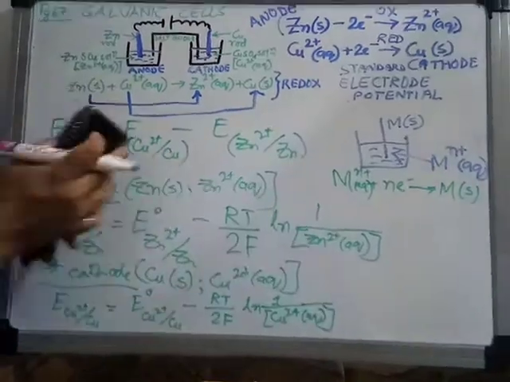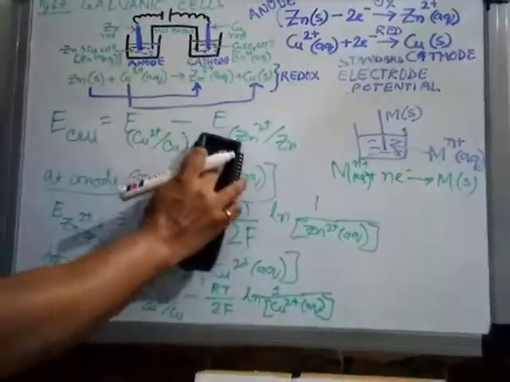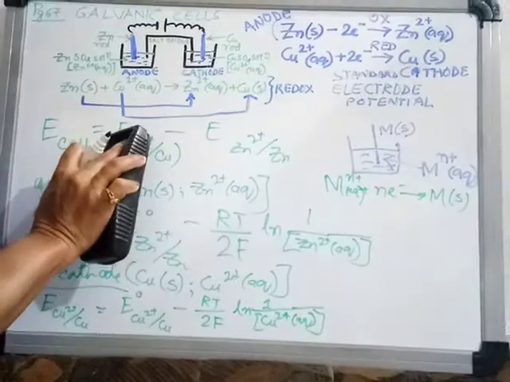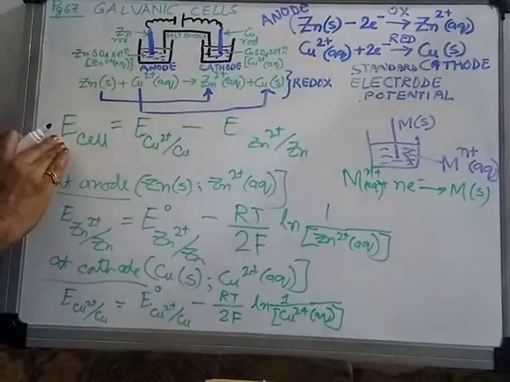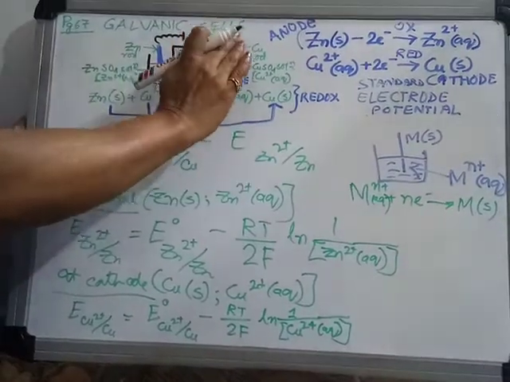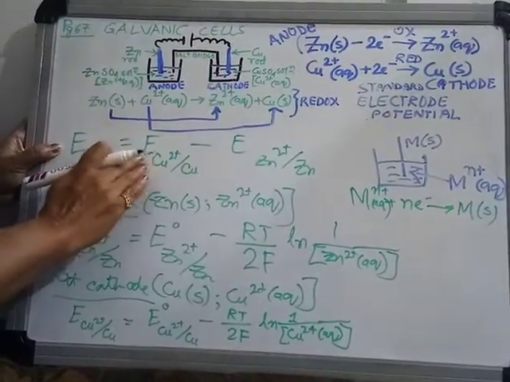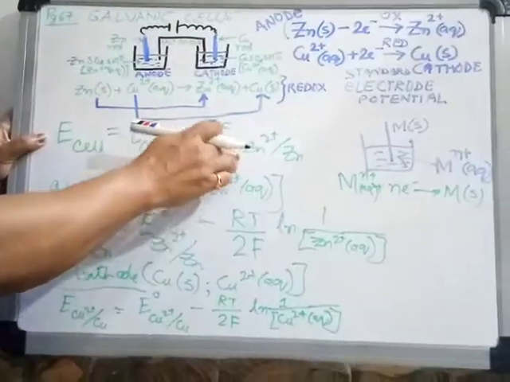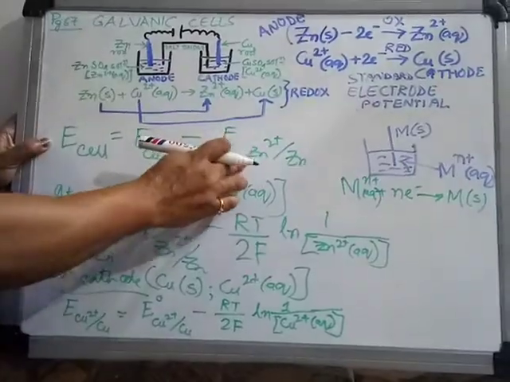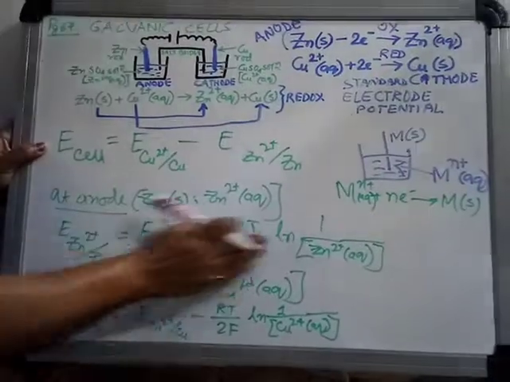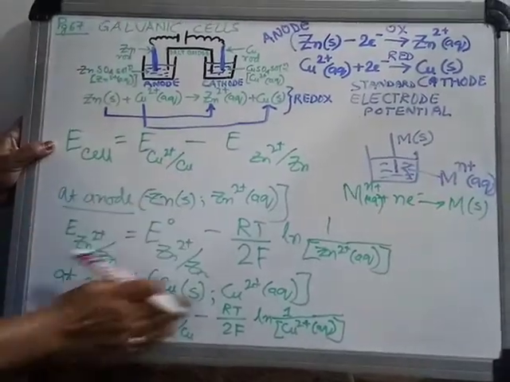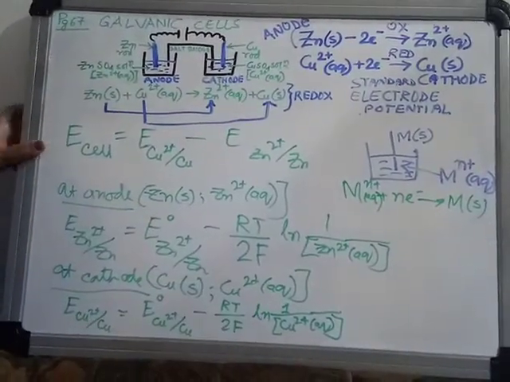So you needn't put the brackets out here, but if you want, you can. So E cell, if you want to calculate for the full cell, is the cathode minus the anode. So we have this portion here and this portion here. Let us put down the two of them.